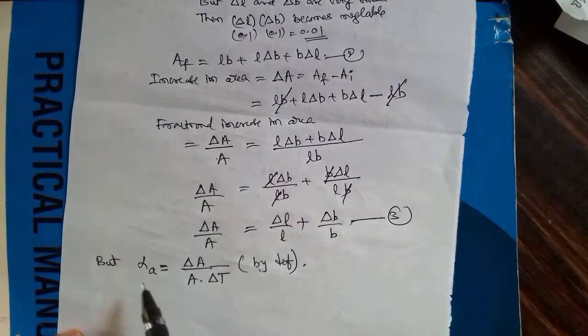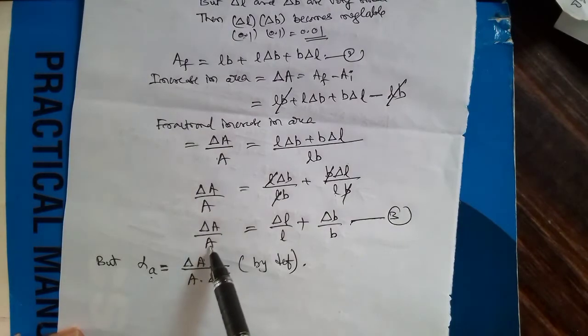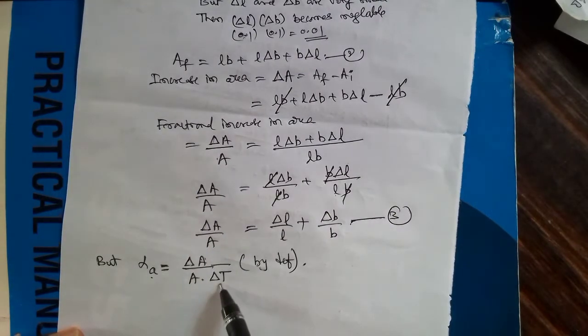Now to get alpha A, delta A by A is okay, but delta T is also required.